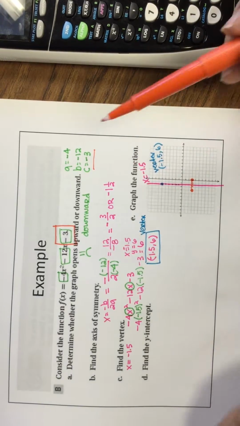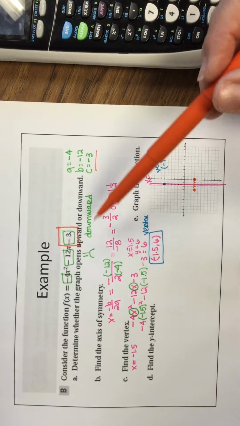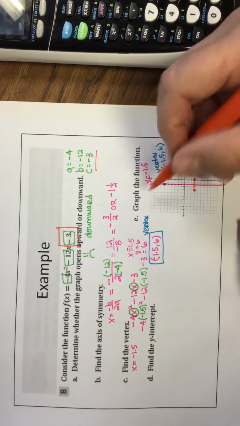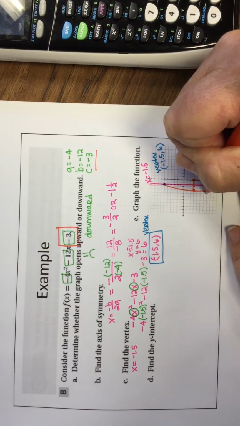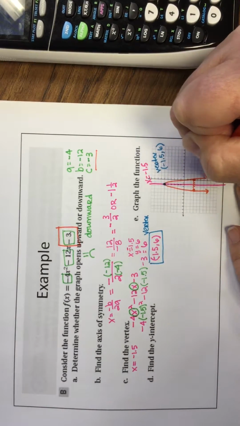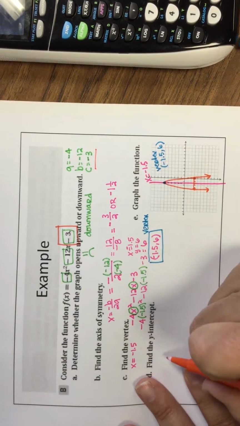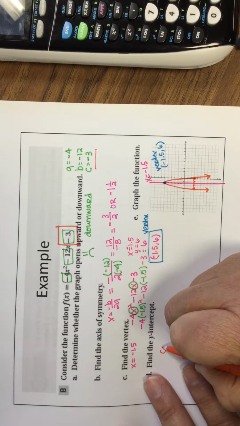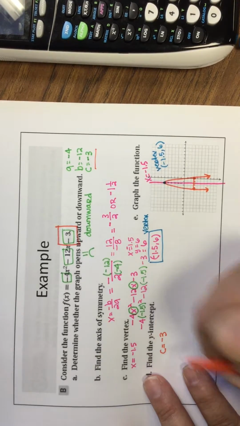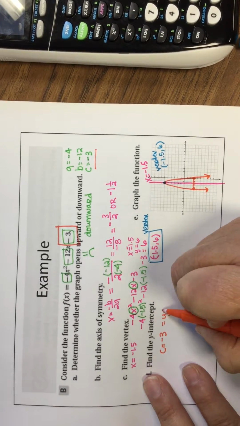And this makes sense considering at the very beginning, we talked about how this was going to be a sad parabola, so it's going to be downward. Okay, so that is our y-intercept.